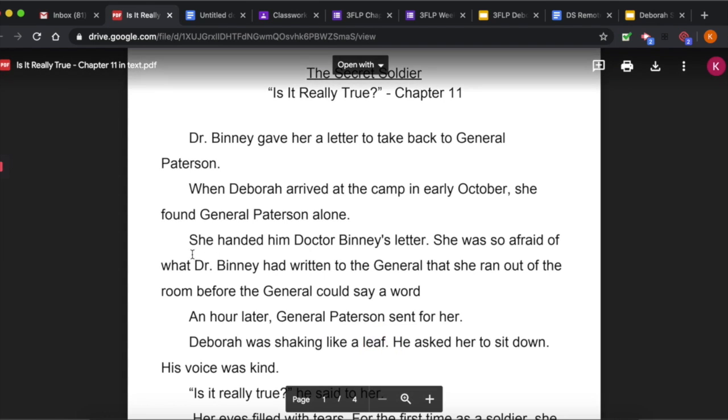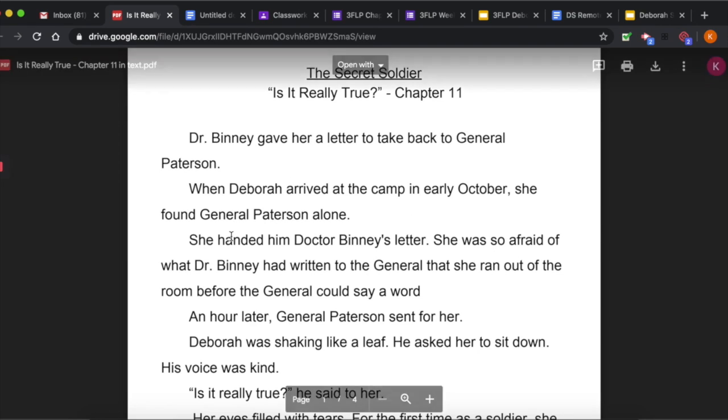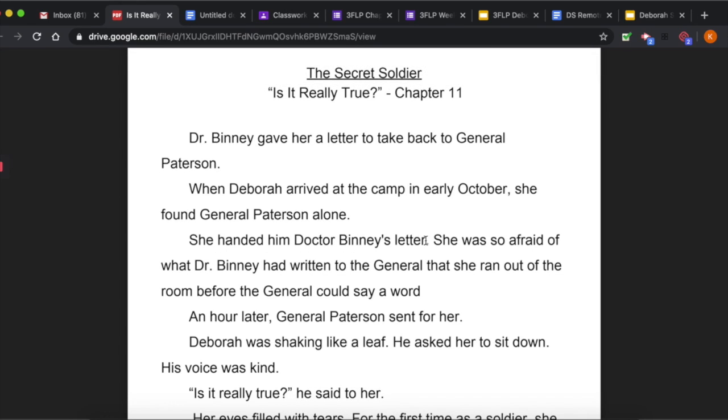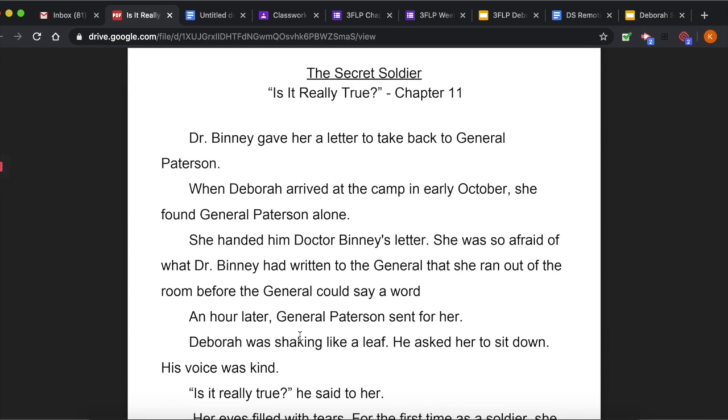All right. So since we've already read the chapter, we can go back and remember what was happening. She handed him Dr. Binney's letter. She was so afraid of what Dr. Binney had written to the general that she ran out of the room before the general could say a word. An hour later, General Patterson sent for her.